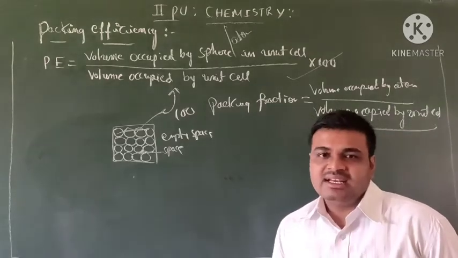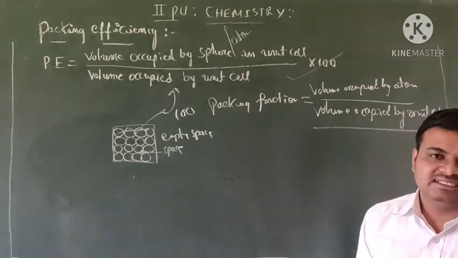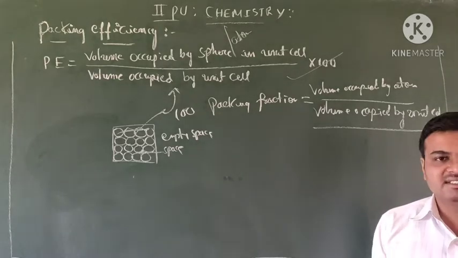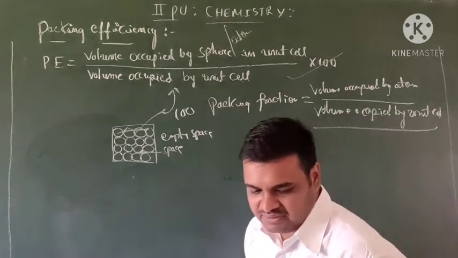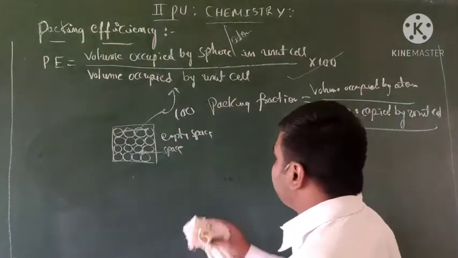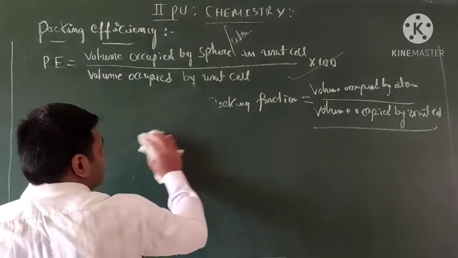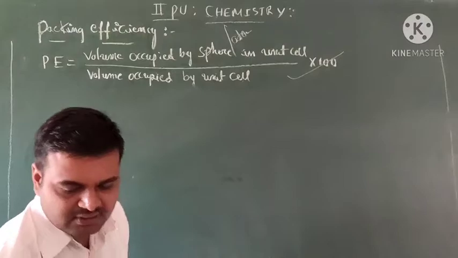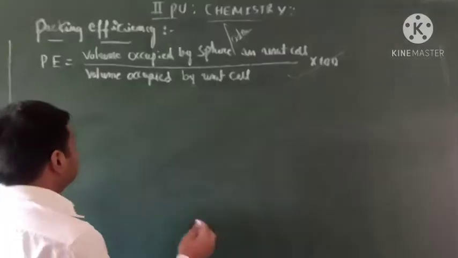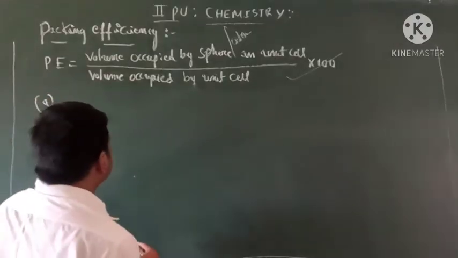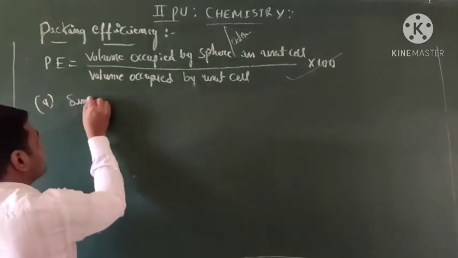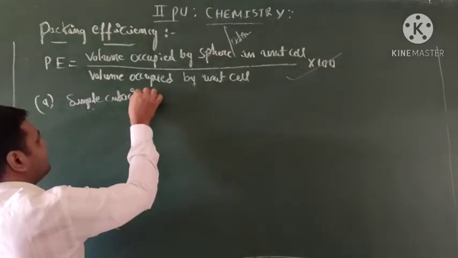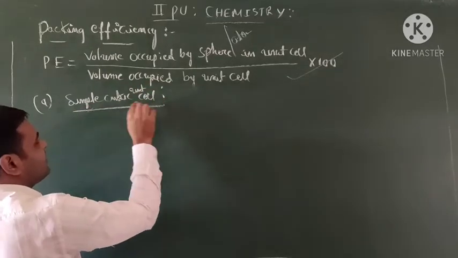Let me explain one by one the packing efficiency of simple cubic, face-centered and body-centered unit cells. First we consider the simple cubic cell, also called primitive.